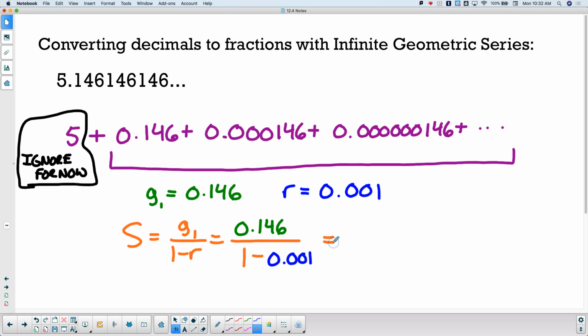Again, shouldn't need a calculator for this next one. Top is going to be 0.146. Bottom, 1 minus 0.001.